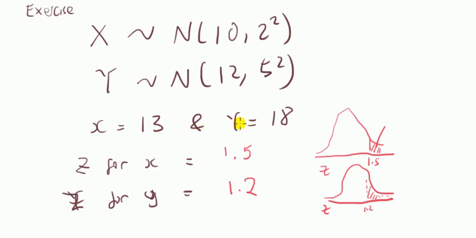Now it's not always like this. Sometimes it's quite simple: if one score is bigger than the other one, that person has also done better compared to everybody else in that exam. But I'll give you two examples where that's not the case.